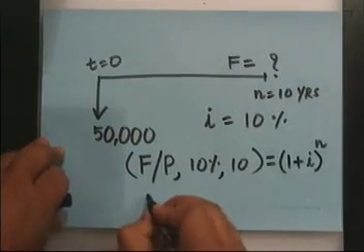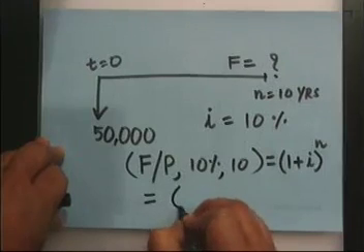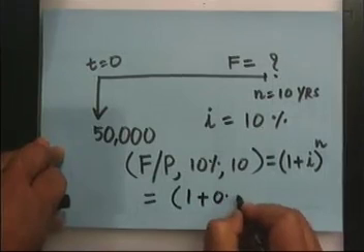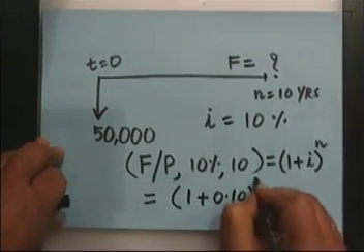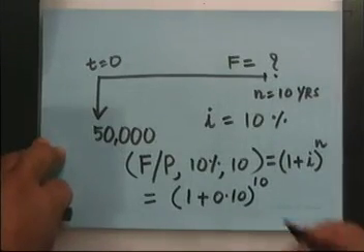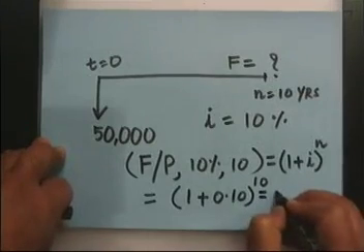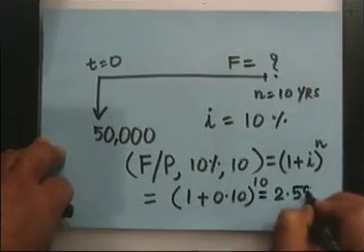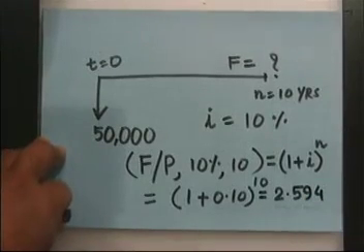Now, i is 10%, so I convert it to decimal: (1 + 0.10) raised to power 10. If you calculate, this value is going to be 2.594.